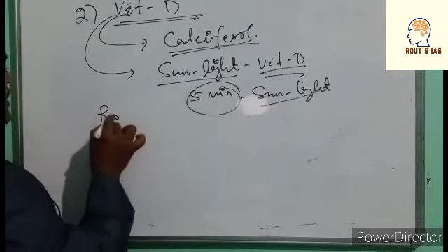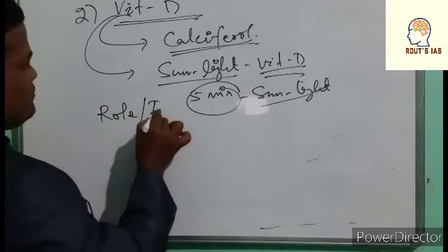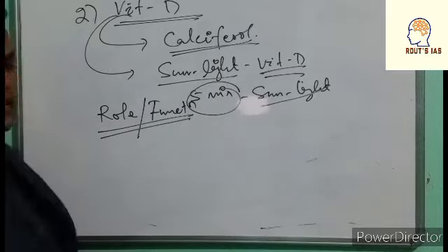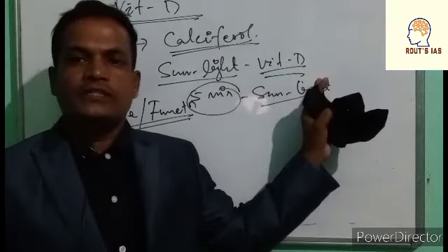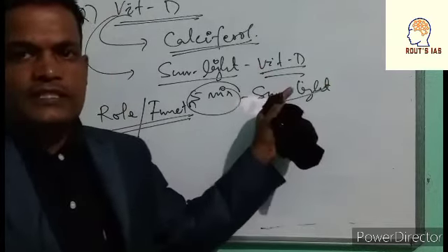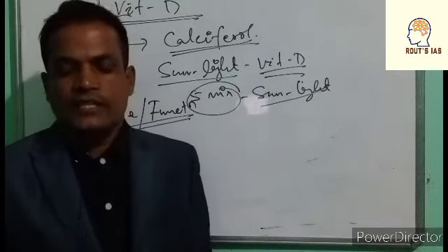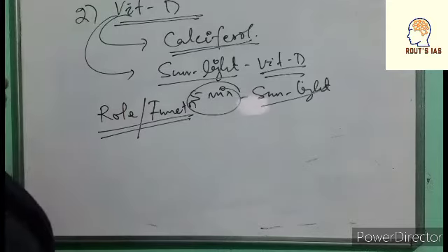What is the role or function of this vitamin? We can also get it from foods like milk and fish, which have calcium. Number one, it is essential for bone growth.